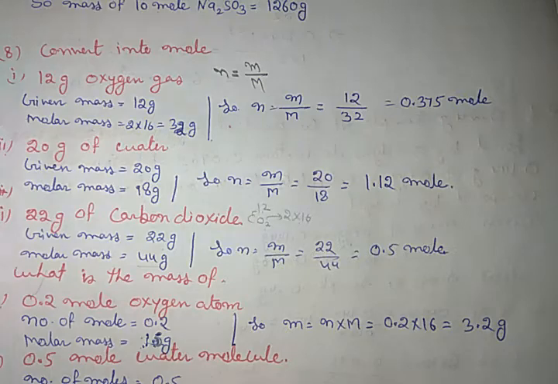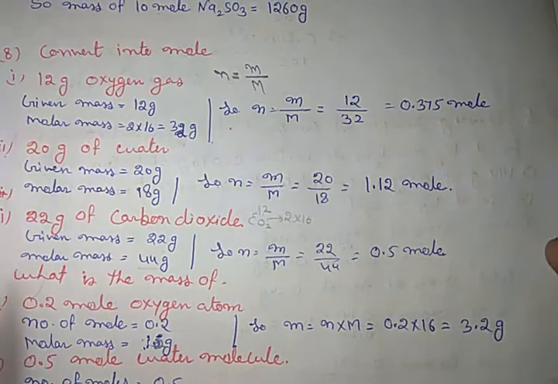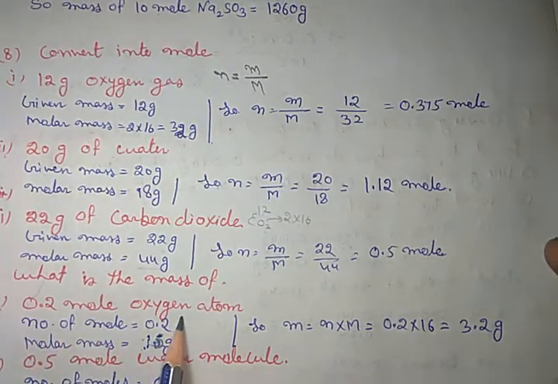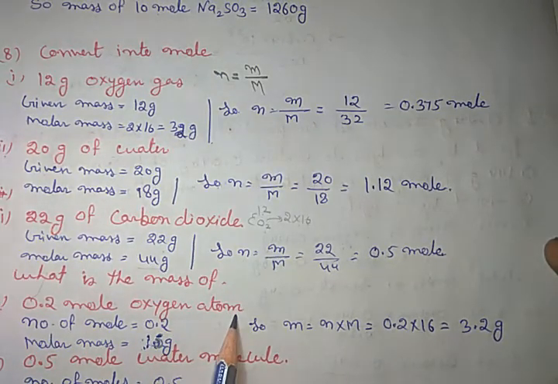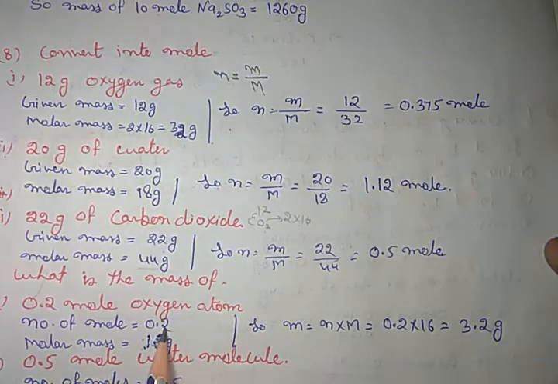Similar question as we discussed in the case of 7. Here the number of moles is given, and you have to calculate the mass. First one, 0.2 mole oxygen atom. The number of moles is given.